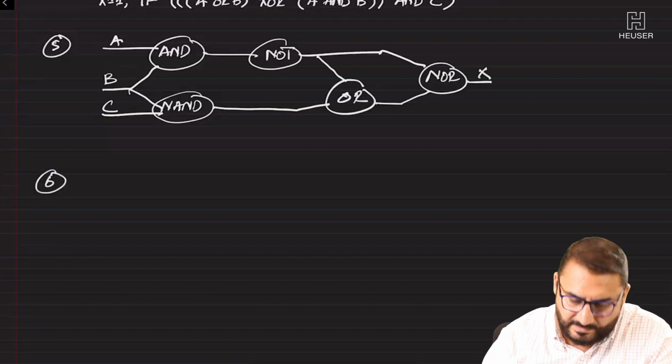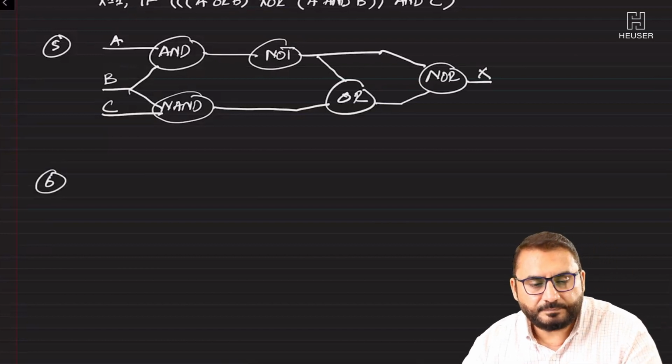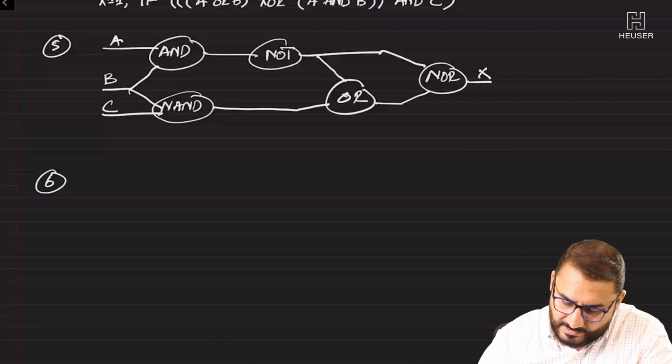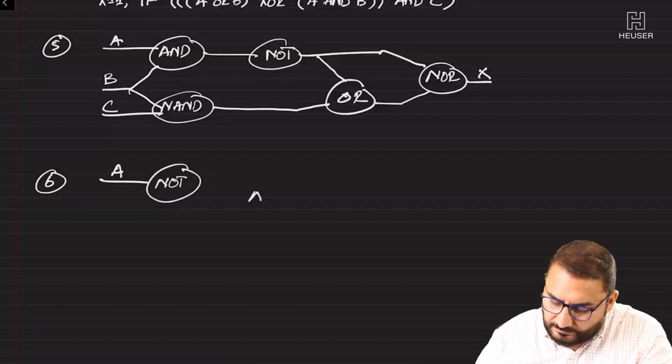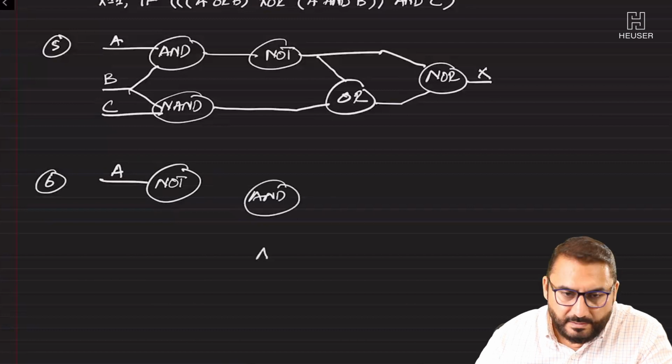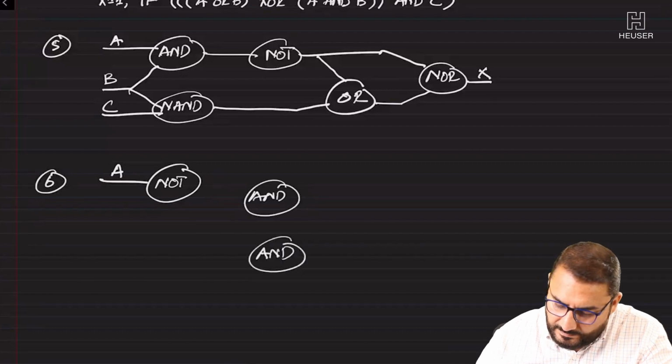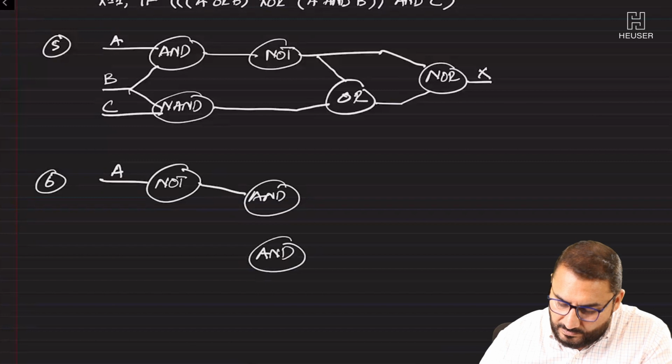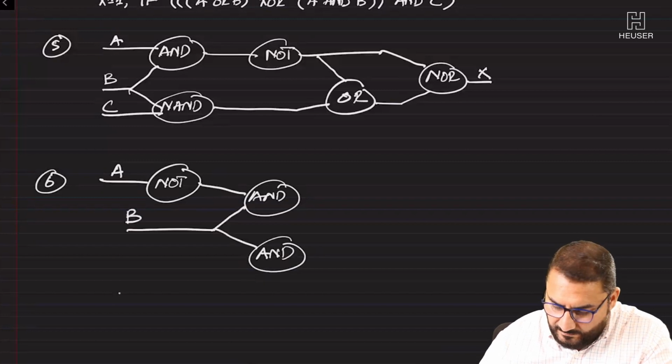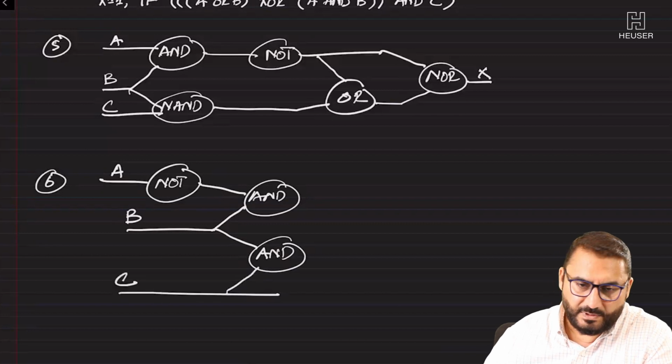Then we have a 6th combination of circuit, which is a little bigger for you to practice well. A, and another AND. The output of NOT gate goes to AND gate. Then we have got B, and then we have C input.